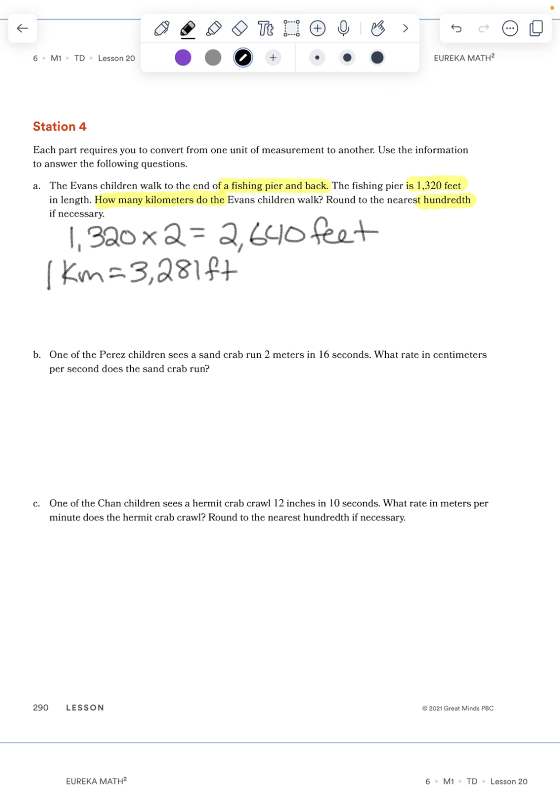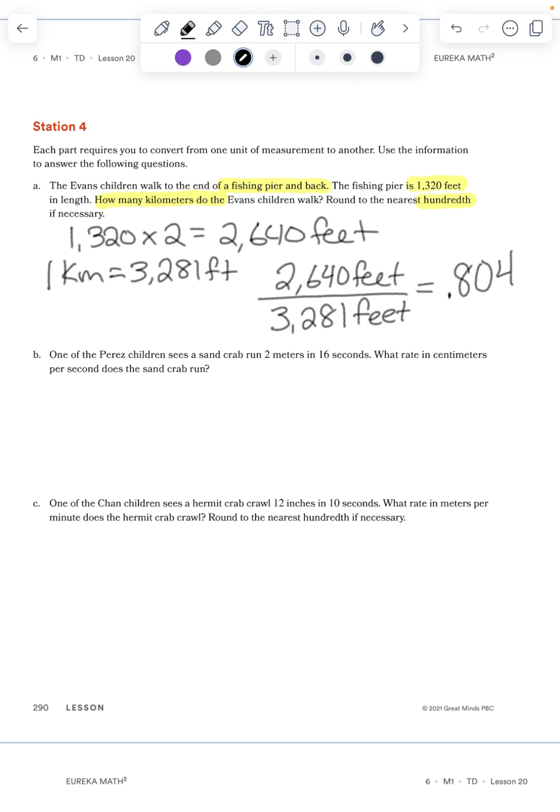All right. So you are dividing 2,640 feet divided by 3,281 feet. And if you do that, you should get 0.804.